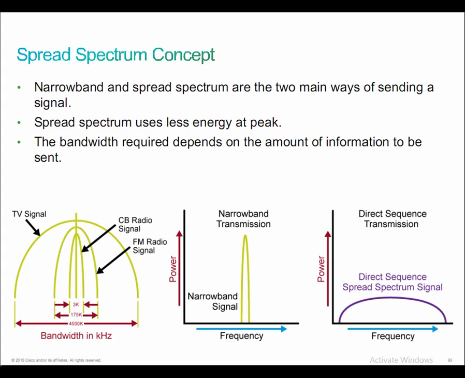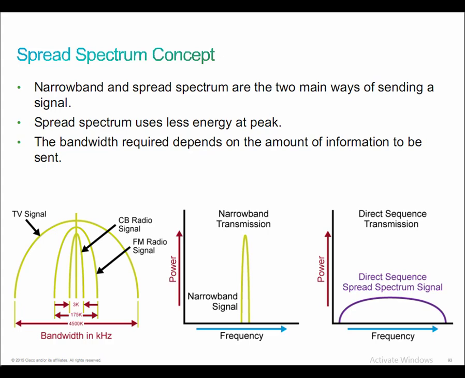The term spread spectrum comes from the fact that our transmission is spread over a large spectrum of frequencies rather than just an individual frequency. Now, there's been a progression of different types of spread spectrum technologies.